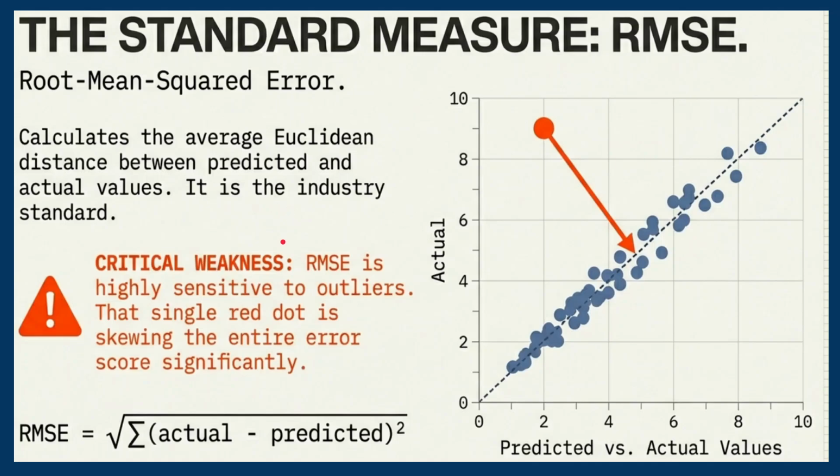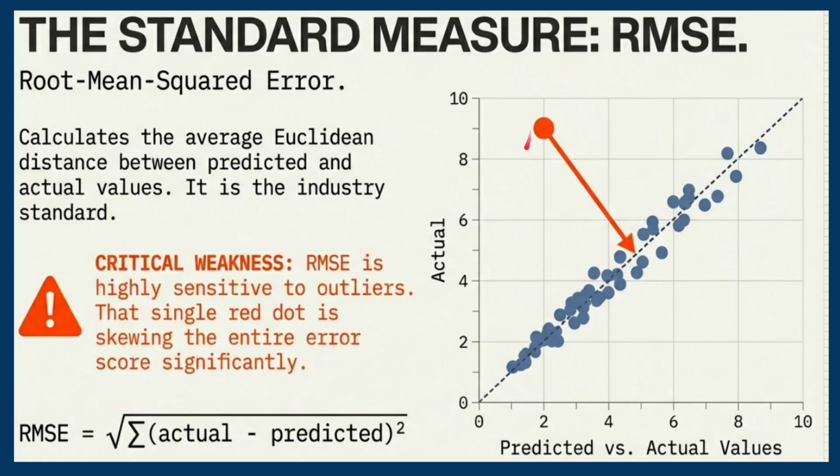The weakness of the RMSE method is that it is highly sensitive to outliers. Outliers are the cases not inside the group we consider. For example, all these blue dots lie close to the straight line, but this red dot is far from the area. That means it is an outlier.